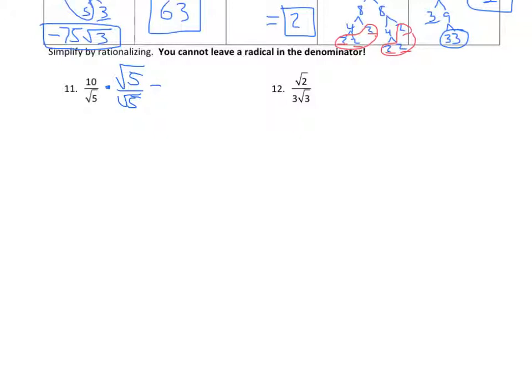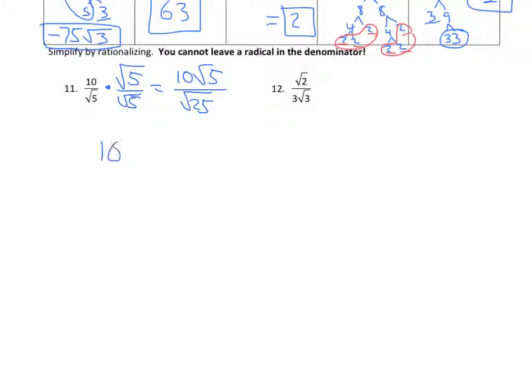Now, when we multiply, we do top times top, and 10 times radical 5, since one's a radical, one's a regular number, I don't actually multiply them together, I just write 10 radical 5. And on the bottom, when I multiply radical 5 times radical 5, I do multiply the insides together, and we get radical 25. Now, on the bottom, the square root of 25, that's a perfect square, it's just 5.